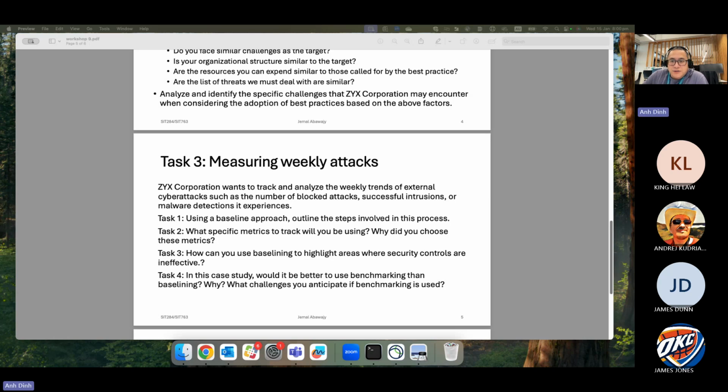You can type it in the chat if you cannot speak. Question is, would you perform benchmarking or would you perform baselining for this task of tracking and analyzing the weekly trend of external attacks?